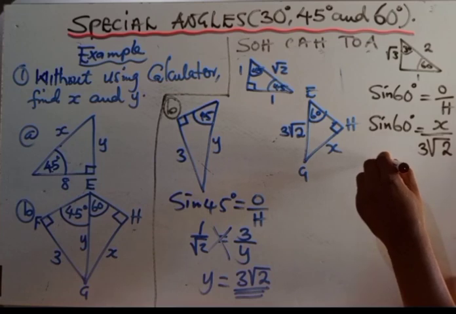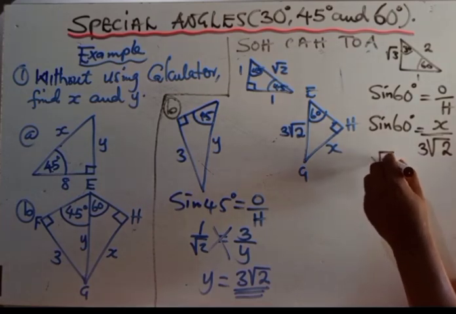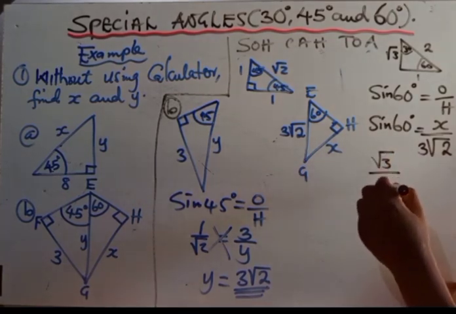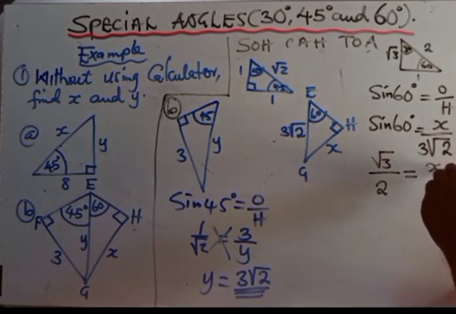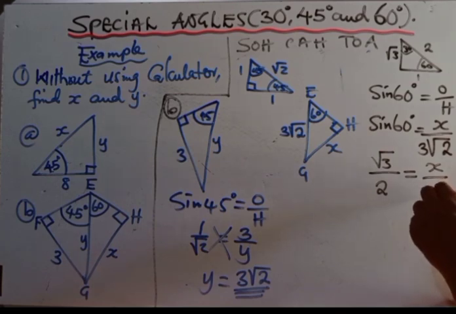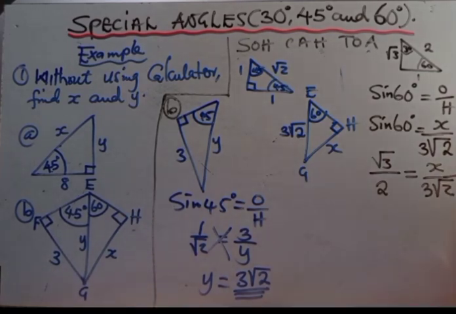So sine 60 will be the root of 3 over 2, which will be equal to x over 3 root 2. That is what we have.